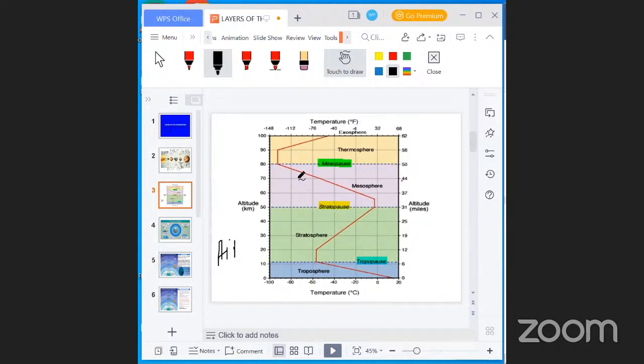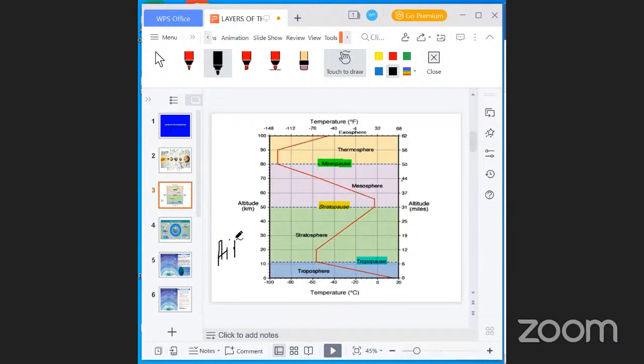The figure shows how temperature changes with height in our atmosphere. The temperature profile is represented with this red line.